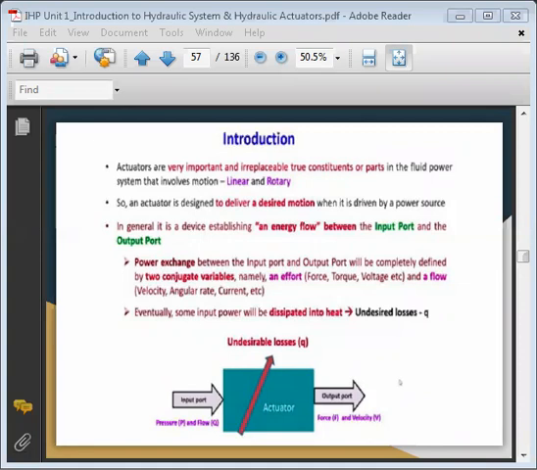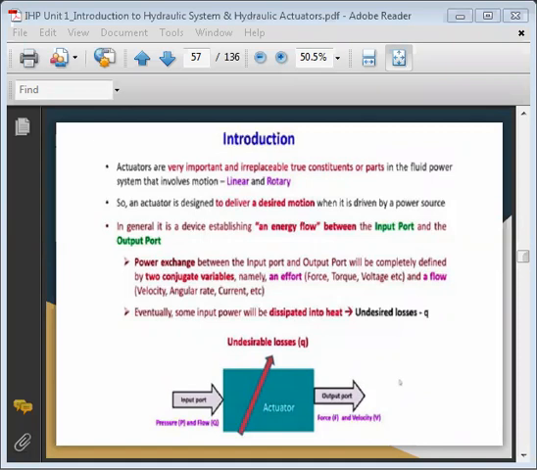So for your actuator, input means flow and pressure, and output of the actuator will be force and velocity. While converting input to output, some amount of heat will be dissipated, and that will be undesirable loss.